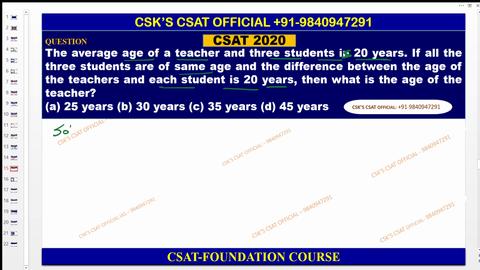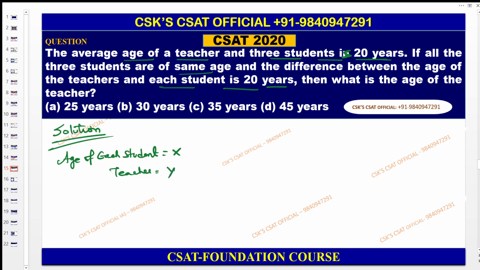Average concept applied with age. So just take the age of each student as x, and the age of the teacher you can take as y. You need to find out y.